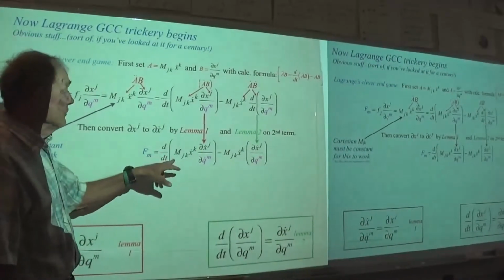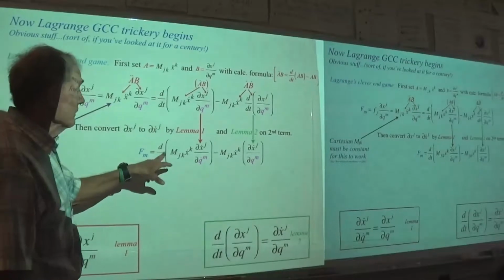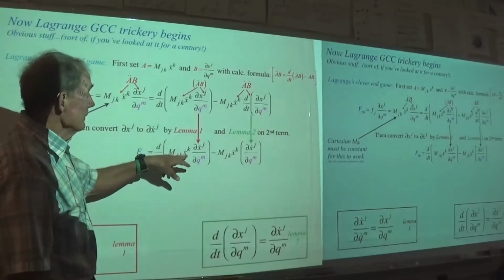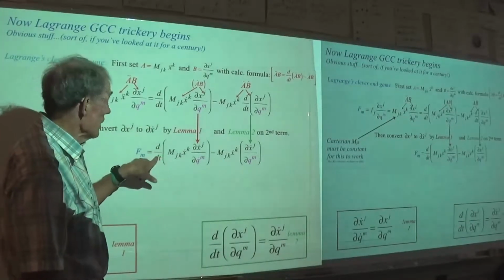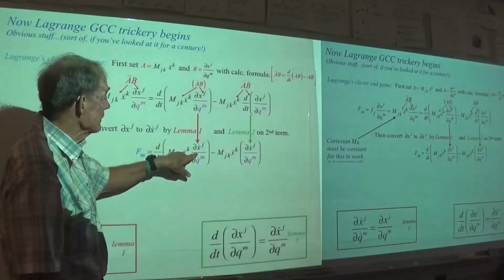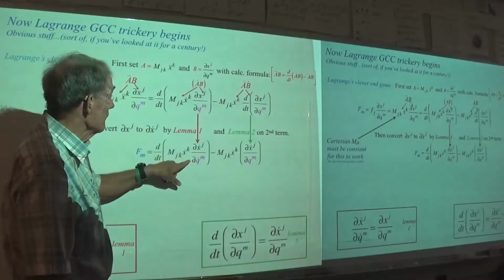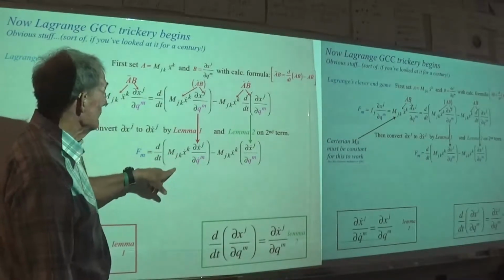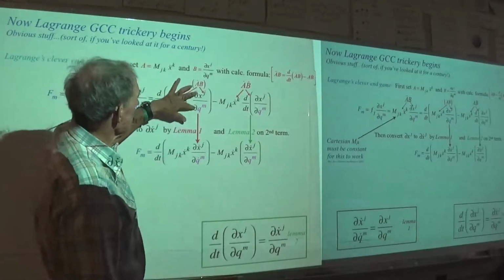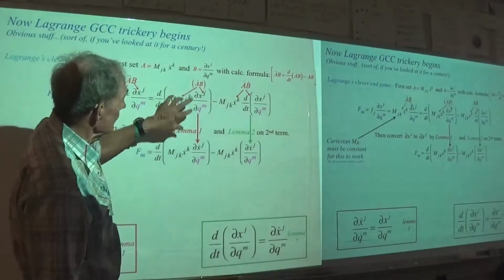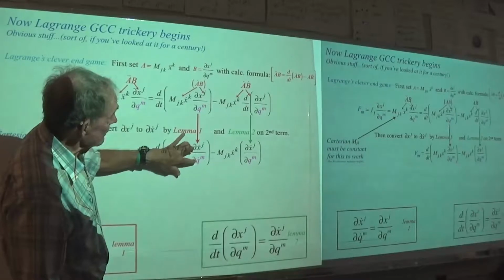What this boils down to right here is a total derivative of this xj cubed, the time derivative of that. Okay, this guy right here, let's see if I got that right, yeah, that's fine. I'm going to replace partial x cubed with partial x dot, q dot.